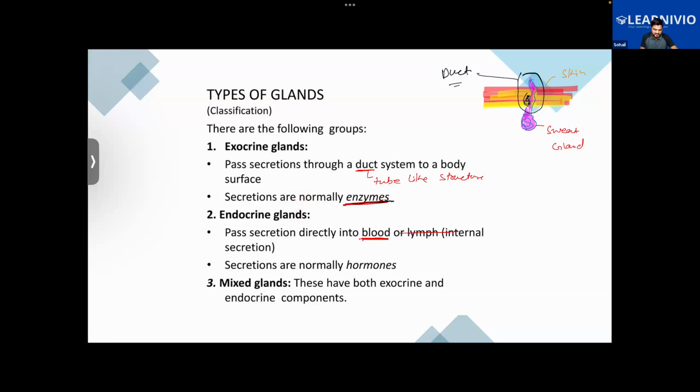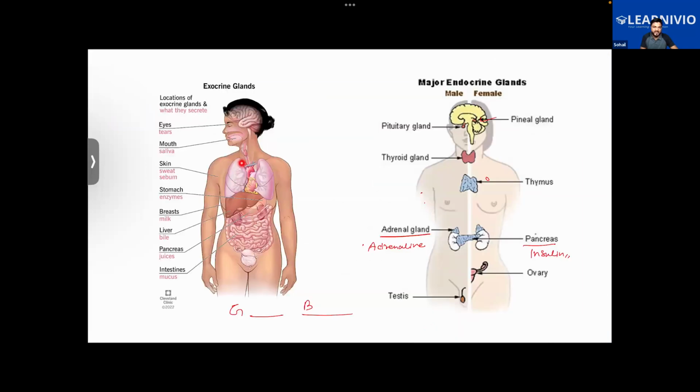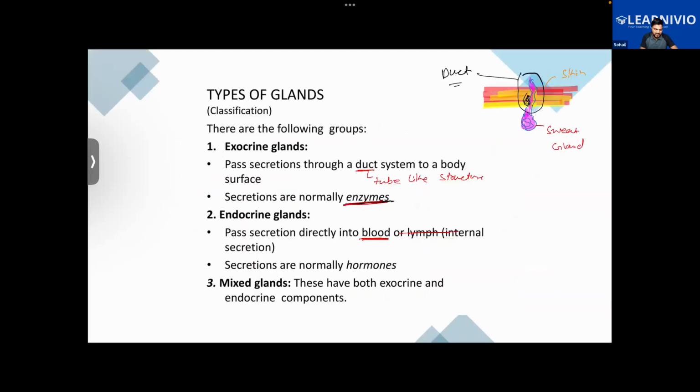We learned that we have several examples of exocrine glands like the tear gland, the salivary gland, the mammary gland, liver, pancreas, etc. All of them would be secreting their secretions either onto the surface of the body or to a particular area, via a tube-like structure.